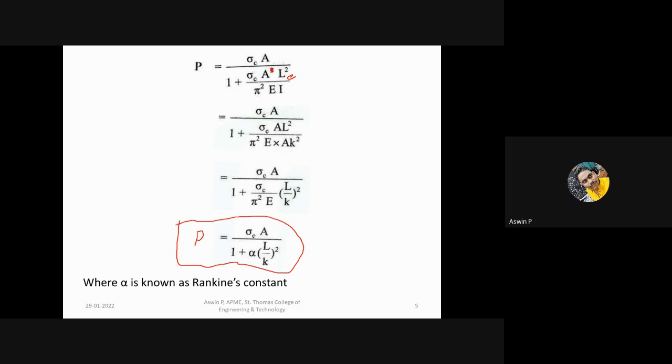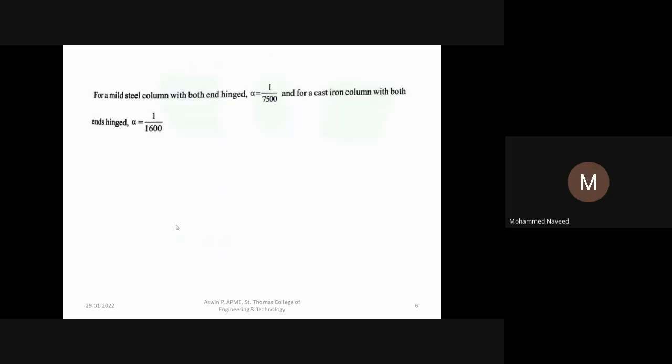May I go to the next slide? Yes, sir. Okay. We need to get two important values of Rankine constant for MS as well as for cast iron. Commonly, these both will be asked in your question paper. So just remember these two values.